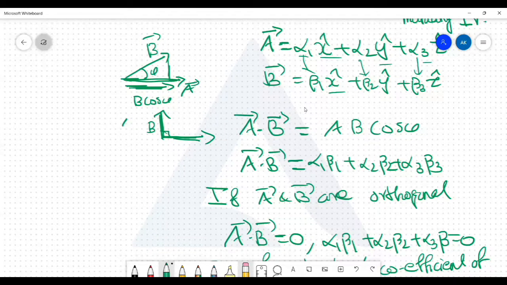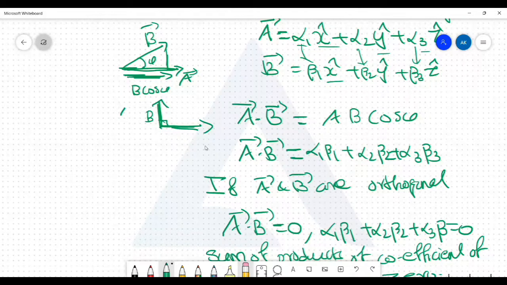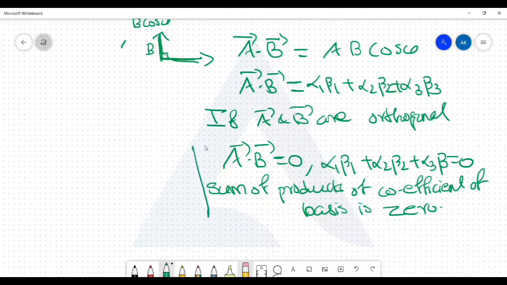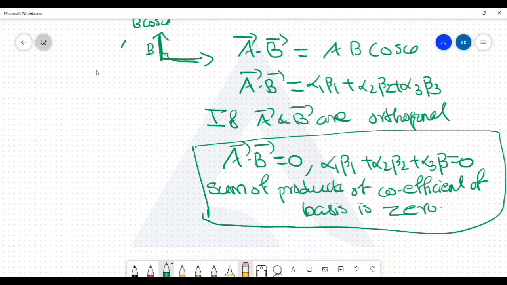0. Sum of the corresponding products of the coefficients of the basis vectors will give you 0. So keep this idea from elementary algebra. Similarly, we will discuss what is orthogonality in quantum mechanics.